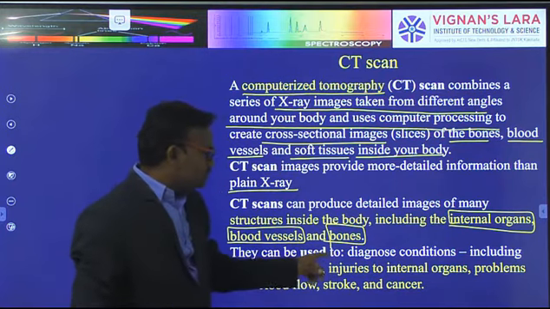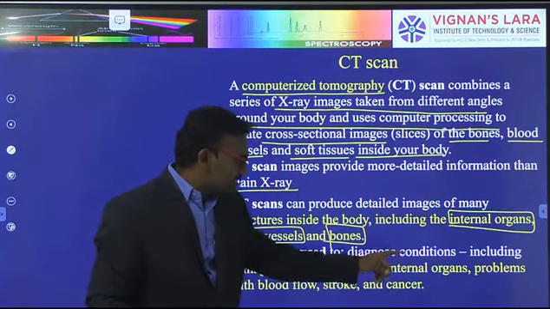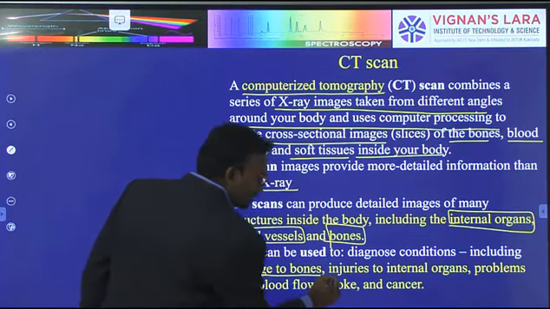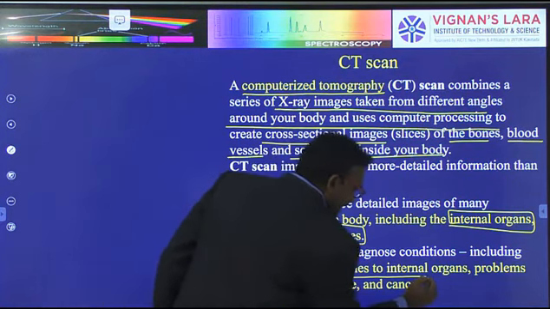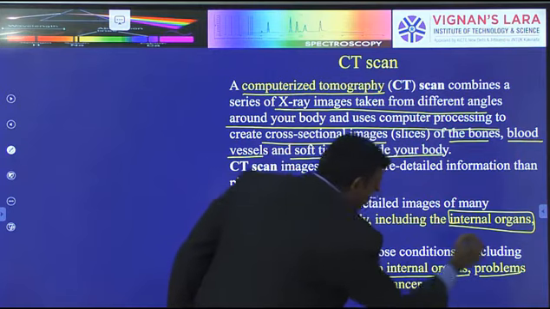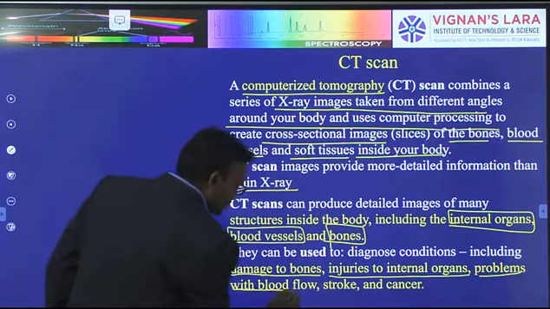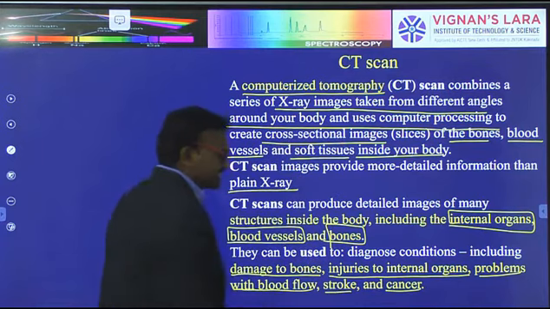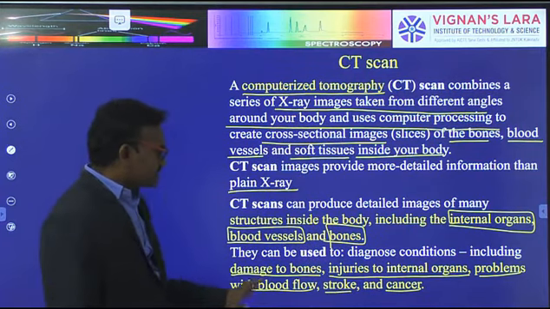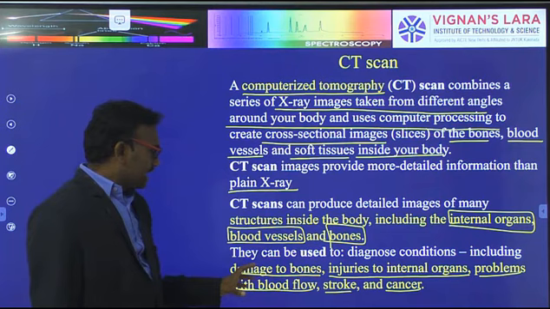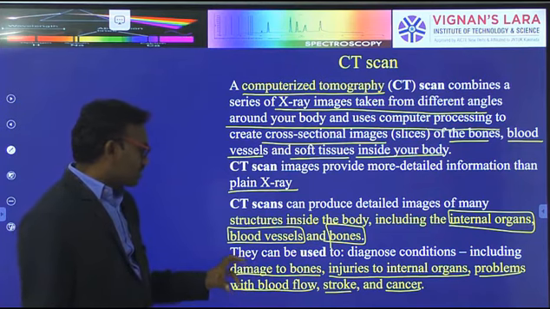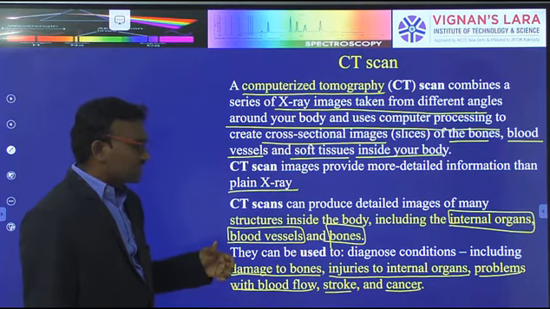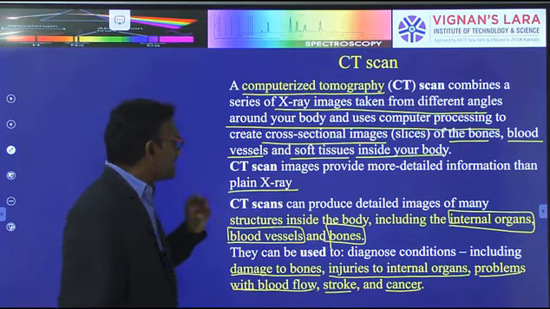They can be used to diagnose conditions including damage to the bones, injuries to the internal organs, problems with blood flow, stroke, and cancer cells. Different types of cancer cells, stroke, heart stroke, blood flow problems, and any internal organs can be detected by CT scan.